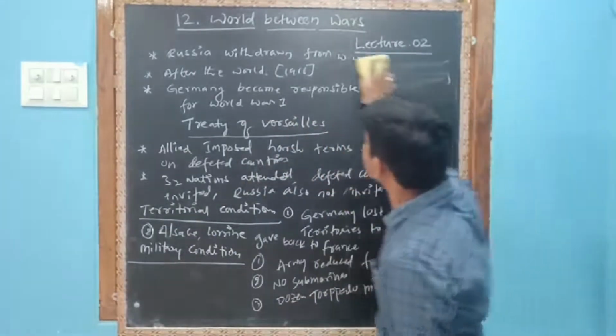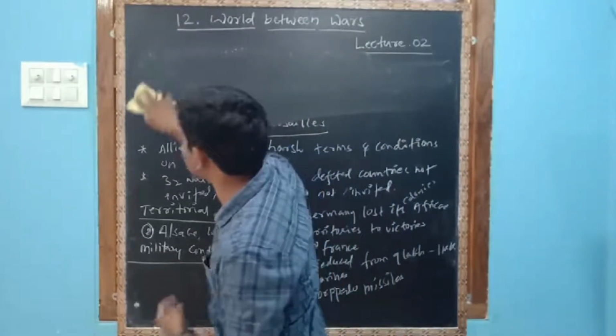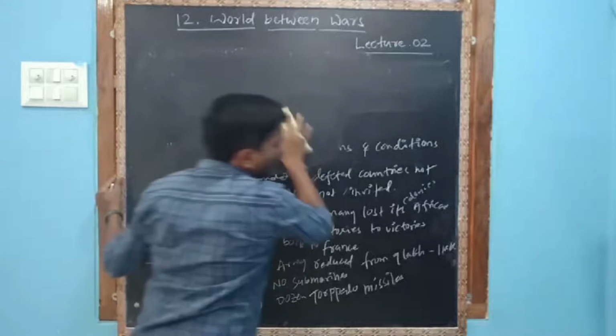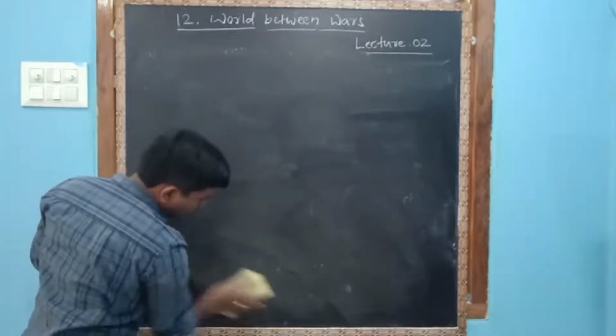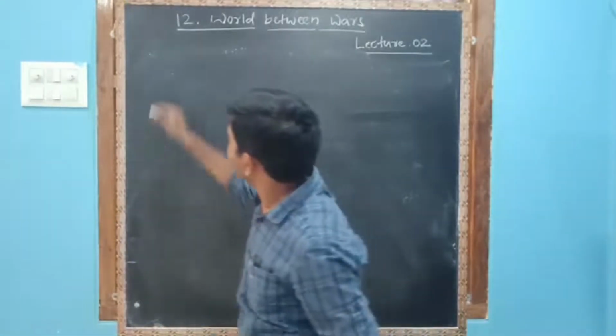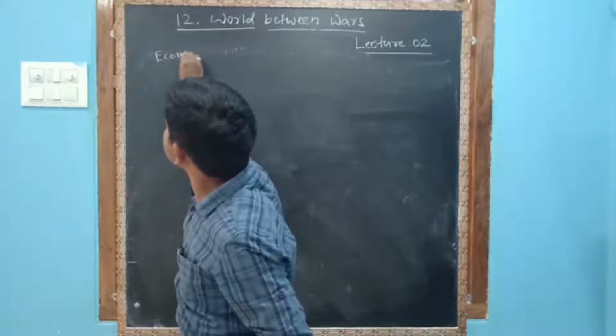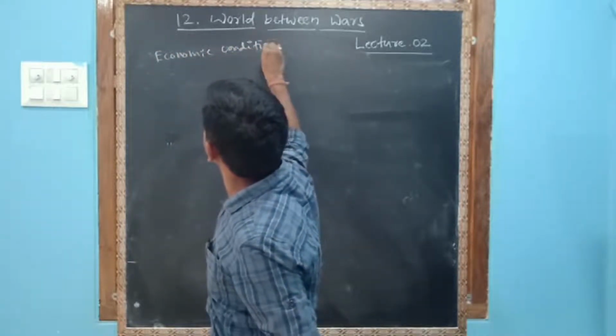Economic sanction means Germany had to pay war indemnity. War indemnity means insurance, or it is also called a damage fund. Next is economic sanctions, or economic conditions. What are the economic conditions?